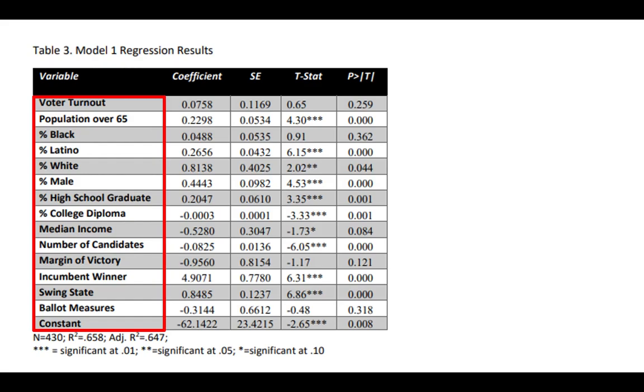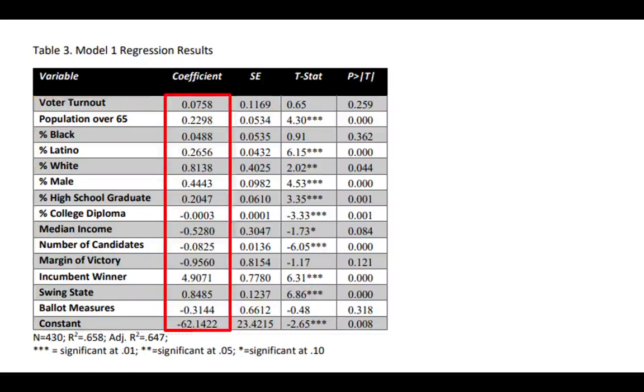Here's an example, and I just pulled this out from a paper that I worked on with a student. And you see in the first column, we've got our variable names. Probably I've given you variable names and I've asked you to use those variable names. All right, remember these are just your explanatory variables. These are all those things that have an impact or turn out to not have an impact on your dependent variable.